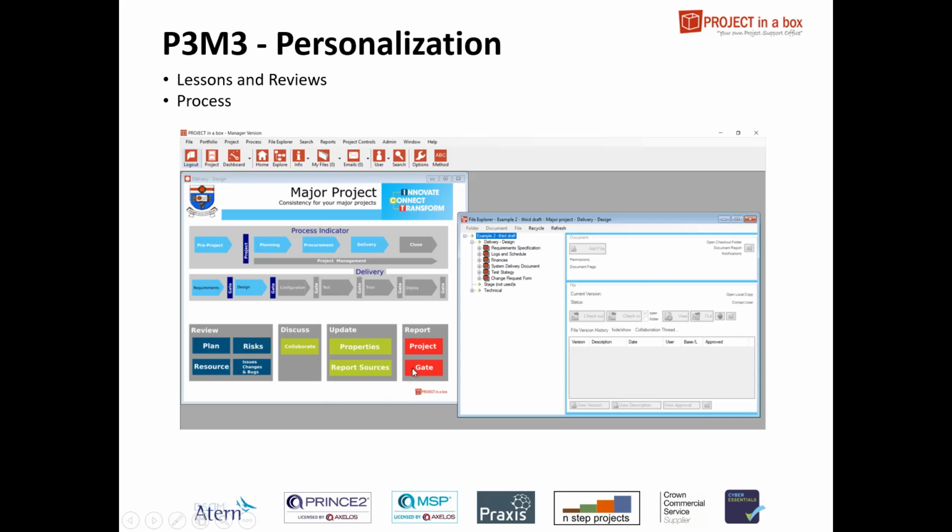So again, a bit like a review report, you've got a project sort of progress type report button that runs a standard templated report, or you've got one which is a gate report, which is like a review. The documentation approved, what's people signed off, etc., to enable us to decide whether we're going to proceed beyond the gate or not. Because those decisions are not built in some logical way.